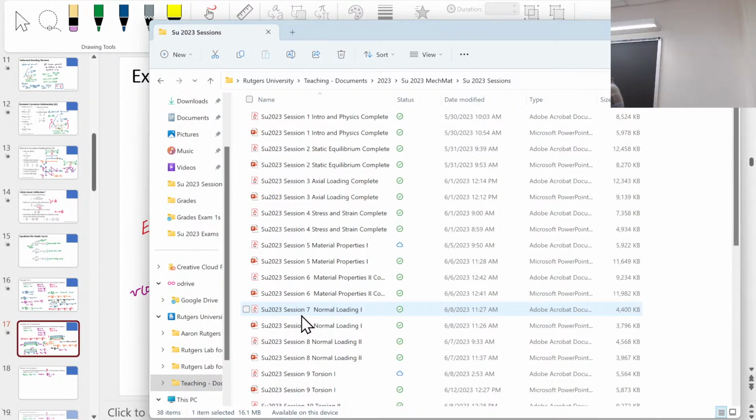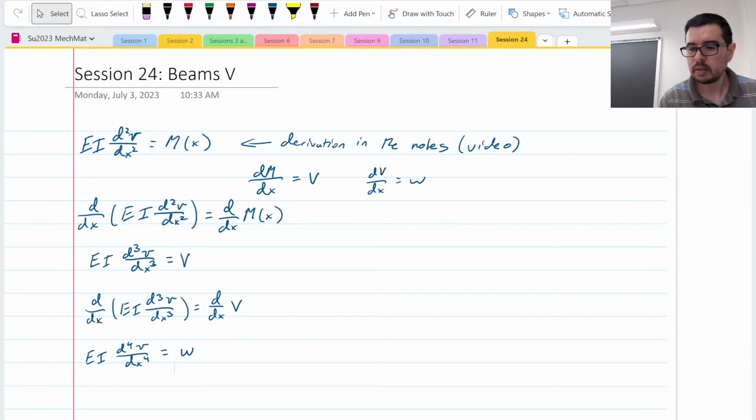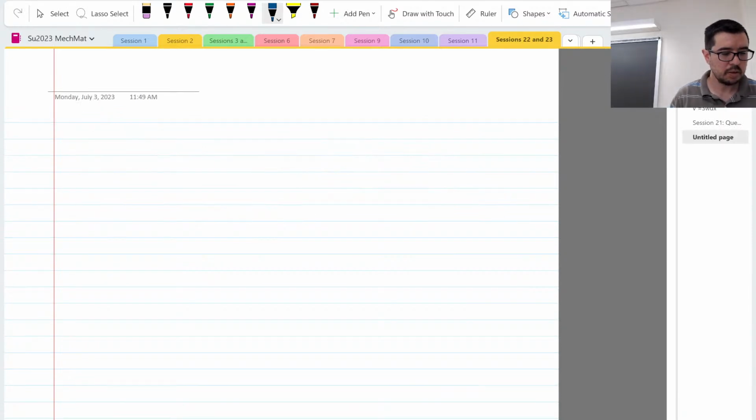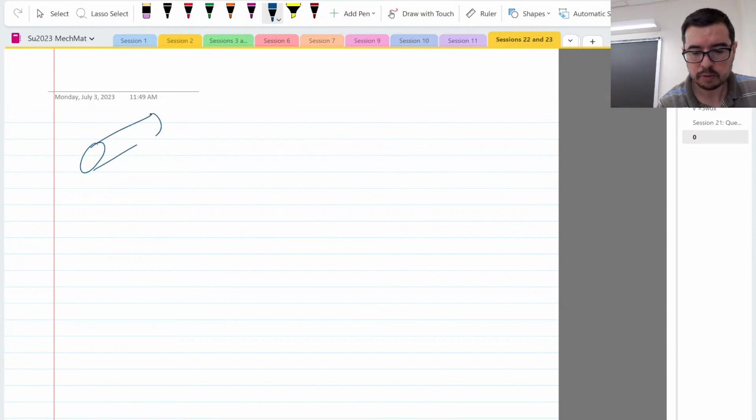Okay, so for this one, there's a question about, I guess, session 23. We have a cylindrical pressure vessel, right, with some pressure inside of it.